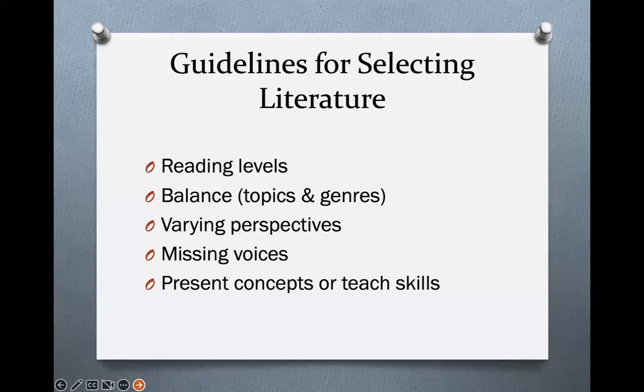When we talk about missing voices, sometimes a good fill in there is a little known hero. For different views, I've already recommended Jean Fritz to you. She wrote a funny book about George Washington's mother, and that would give you a different perspective on him, okay? Sometimes different perspectives, this would be an example of the varying perspectives and using it to present concepts or teach skills.